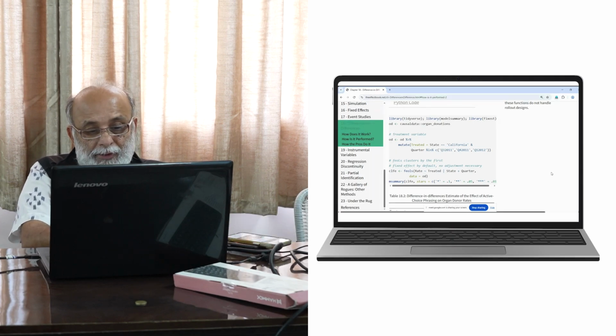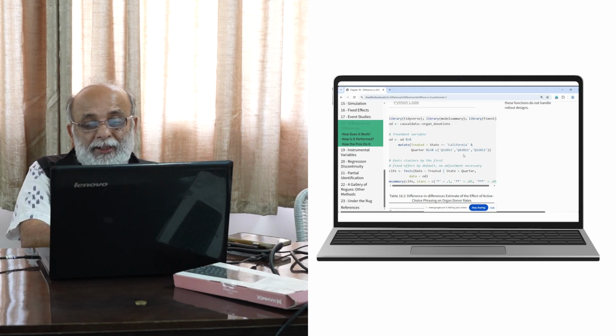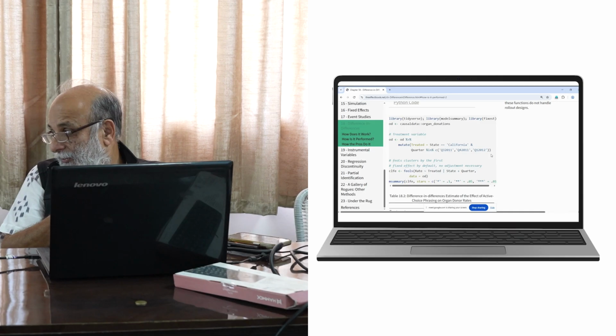So if you run this, you get the result. California was treated in these three quarters.